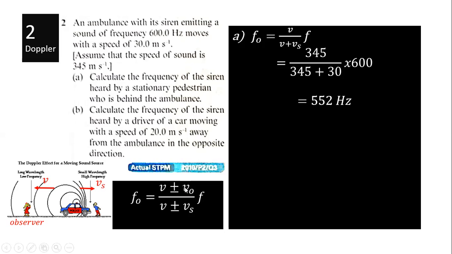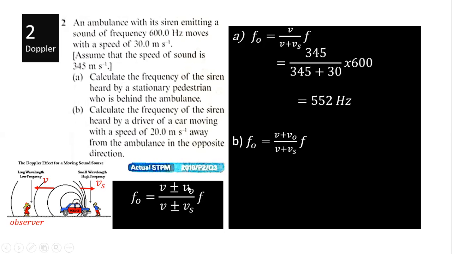So you have to ask yourself: the observer is moving away from the source, right? And the direction of the sound wave and the direction of the observer are in the same direction. Moving away means negative.